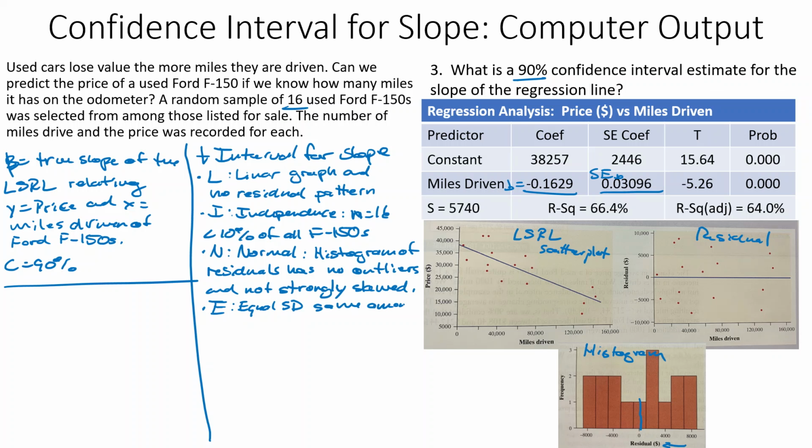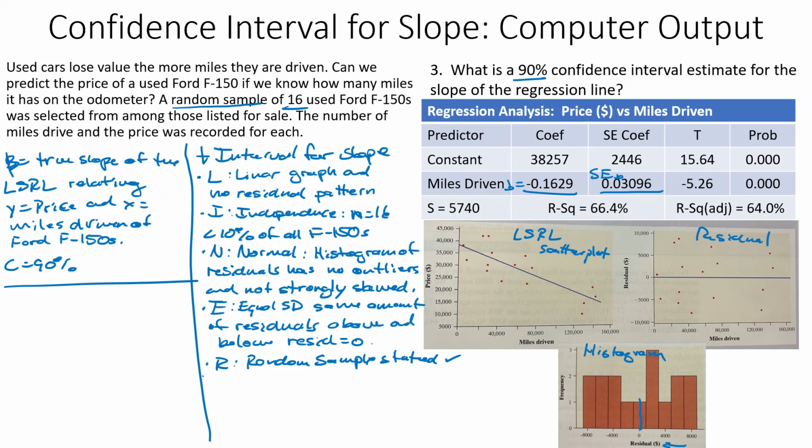Same amount of residuals above and below resid equals 0. And finally, R, we did say somewhere here that there was a random sample. There it is, so random sample stated. Check, all the conditions are checked out. Whew, lots of conditions there.